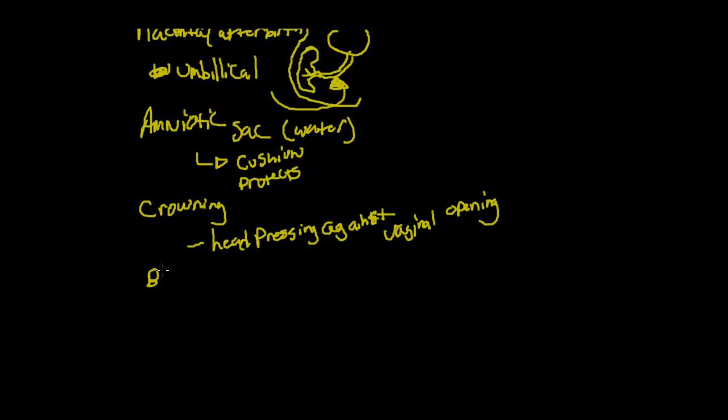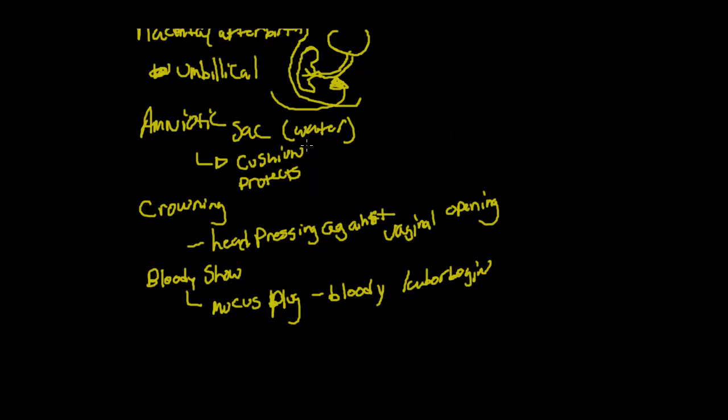And then you have bloody show. This is also an indicator that labor is about to start. You have a mucus plug, which may be a little bit bloody. It's like a discharge right before labor begins.